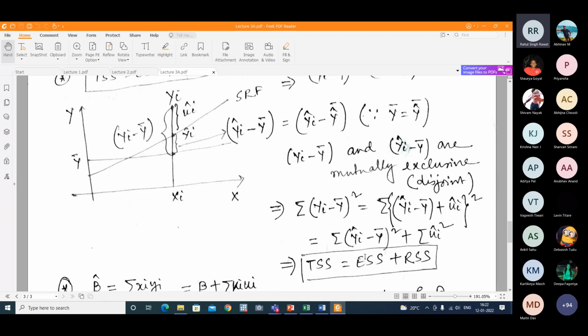Say for example, I am estimating a consumption function with respect to income, and I am getting an R square value of only 0.2. That means income can explain only 20% of variations in consumption, and a large part of variations in consumption remains uncaptured.